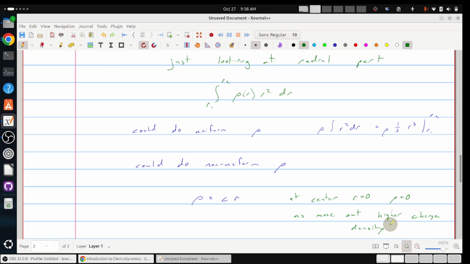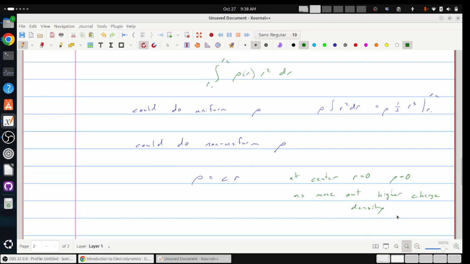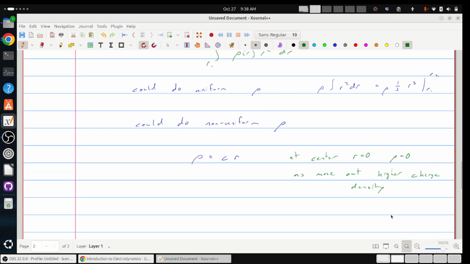And as you move out, you get a higher charge density. Now, since I only have a shell, I've got some r1 and r2, so I'm going to have values for the density. There is no 0 density on this particular one. Okay?